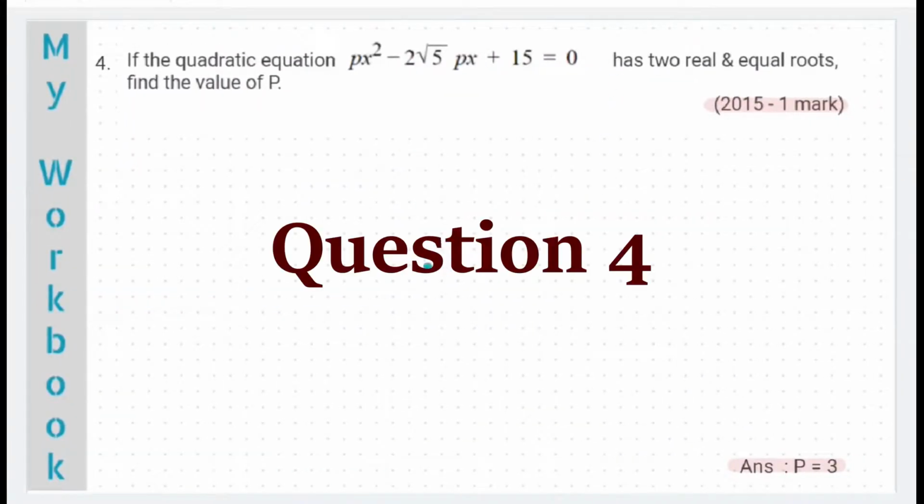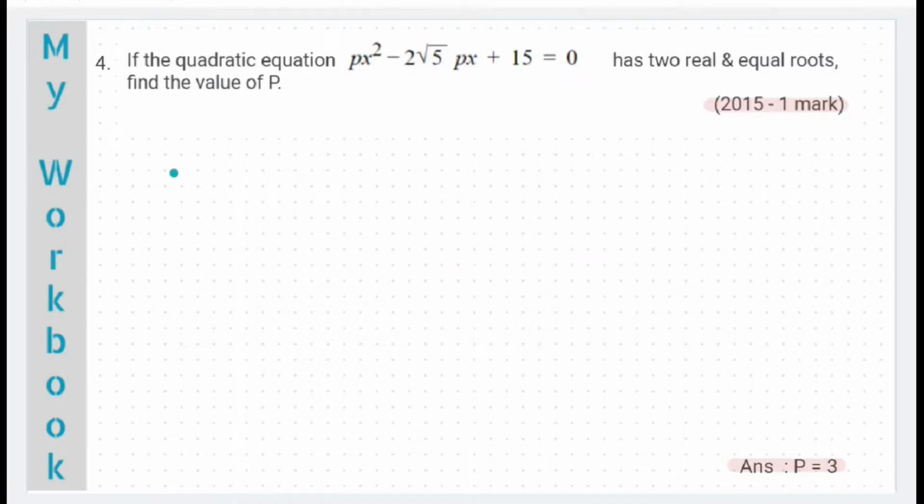Next sum. If the quadratic equation px square minus 2 root 5 px plus 15 is equal to 0 has two real and equal roots, find the value of p. So this is again a 1 mark question from 2015 board. For real and equal roots, the condition we know it is discriminant has to be 0.